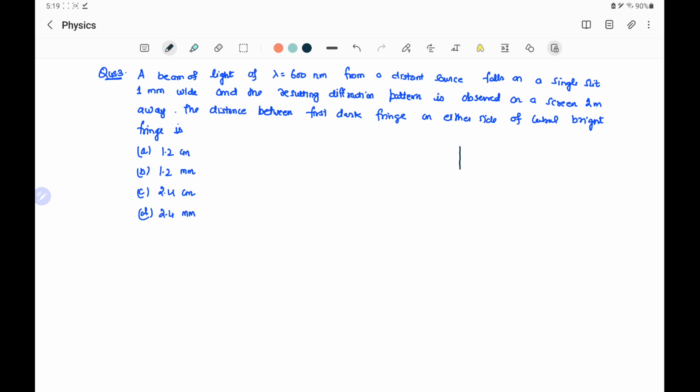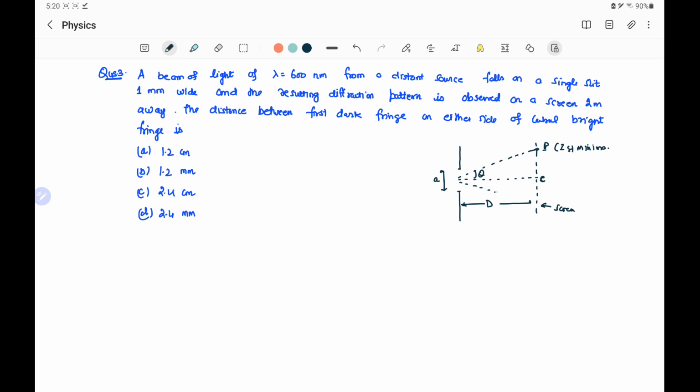The diagram for the diffraction pattern formation has the slit with slit width a, and there is a screen at a distance capital D. This is the center C, and point P is the first minima on one side at an angle of theta.